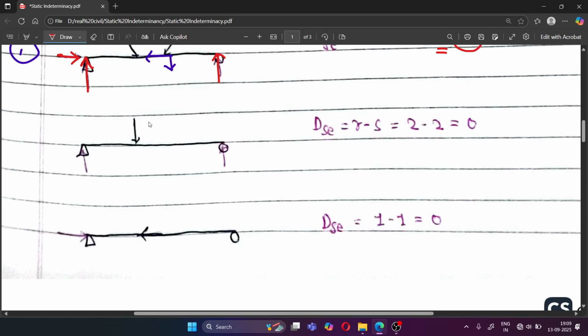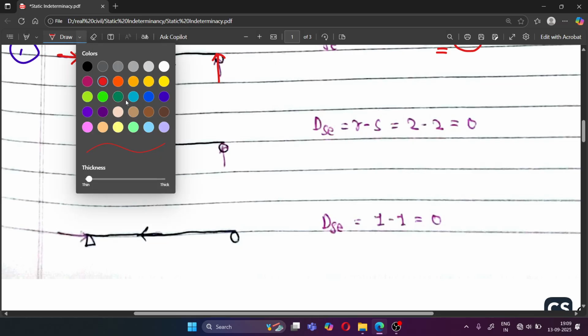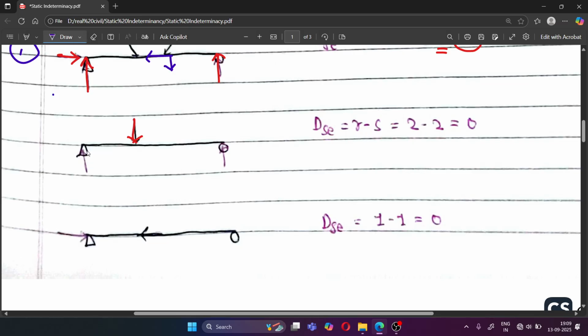Next, suppose only vertical load is given, no horizontal load. In this case, even though it is a hinge support, we have to consider only a vertical reaction at the hinge, and the roller is also going to produce a vertical reaction. So the number of reactions will be equal to 2, and the conditions of equilibrium that I am going to use will be 2.